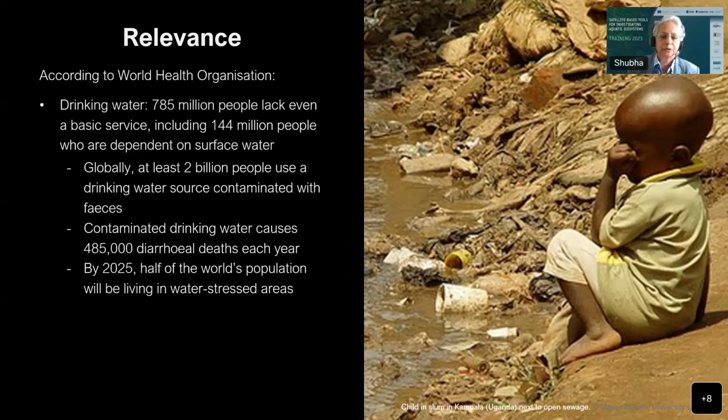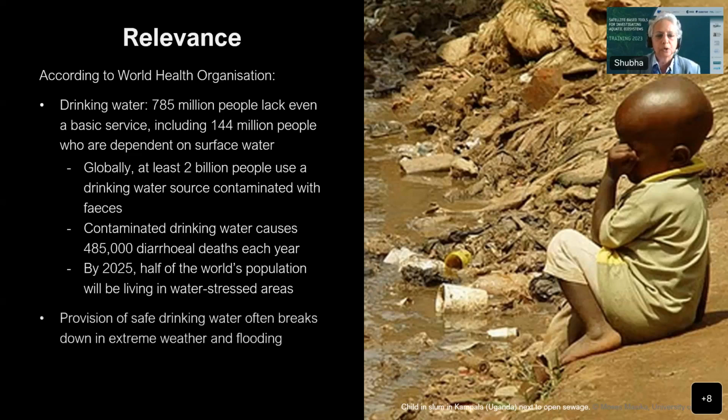And according to WHO's prediction, in about 2 years, half the world's population will be living in water-stressed areas. And furthermore, as we know, provision of safe drinking water breaks down in extreme weather, such as flooding, and that is frequently followed by outbreaks of diseases.